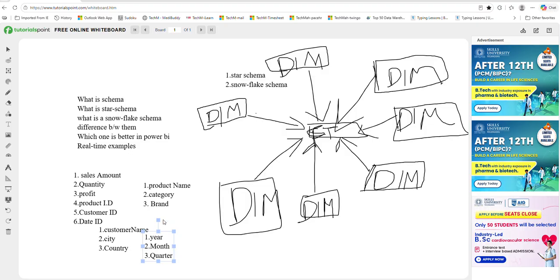Now I will explain the star schema structure. Structure of the star schema is like this only. I am just simply writing the structure right here.